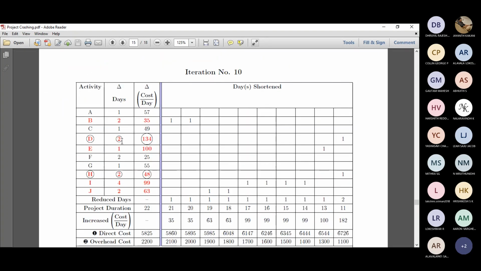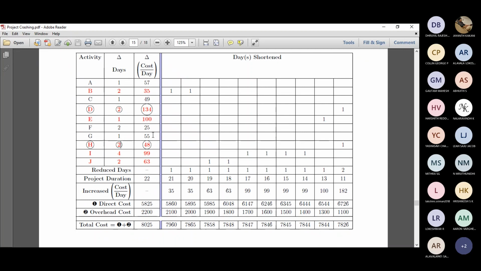So D can be reduced by 2 days, and H can be reduced by 2 days. But this algorithm states that it's a reduce-a-day algorithm. So D is reduced by 1 day, and H is also reduced by 1 day, and 134 plus 48, so that's a cost slope of 182.